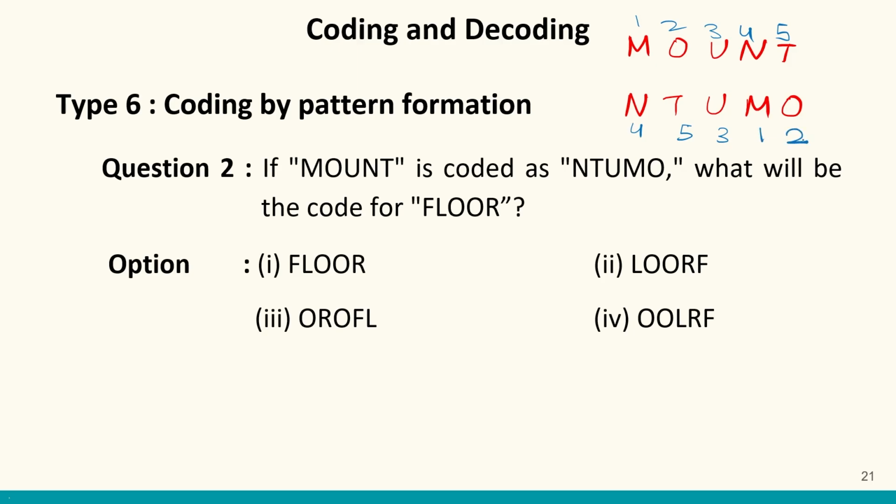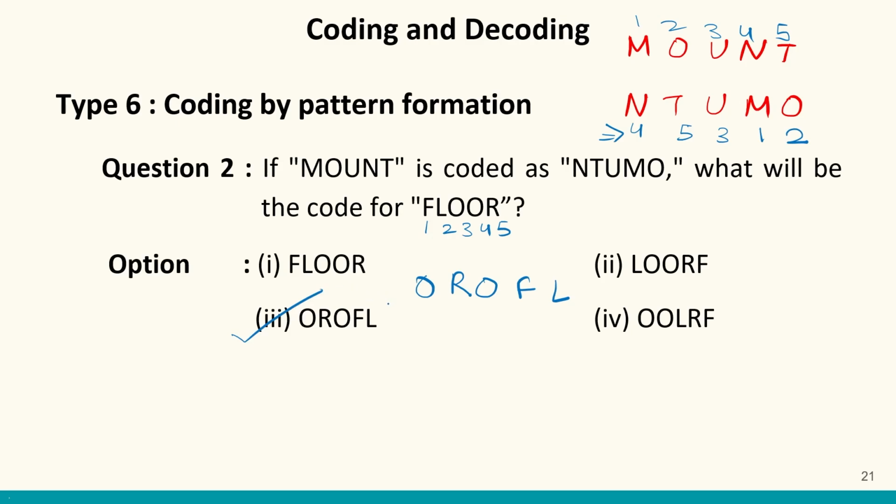So this is the code. 1, 2, 3, 4, 5 has been coded as 4, 5, 3, 1, 2. So let us do the same thing for floor. Let us give them numbers. Okay, and now let us write them in this order. So 4 first, then we'll get 5, then we'll get 3, then we'll get 1, and then we'll get 2. So our answer will be option number 3, OROFL.